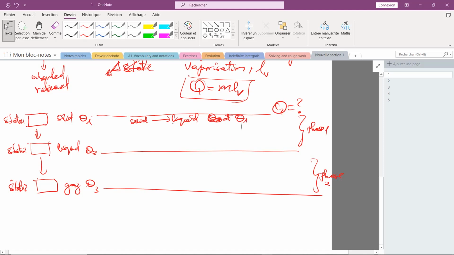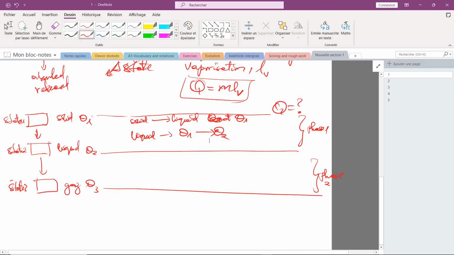Now, when it is already liquid, it will leave now from theta 1 to theta 2. A substance will not leave the solid state directly into the liquid state with a change in temperature.